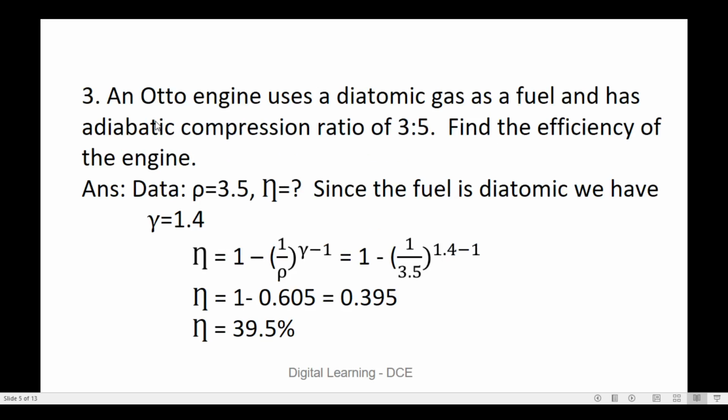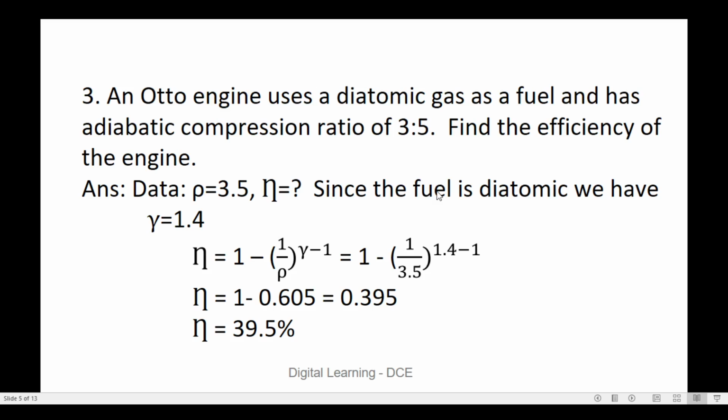So third problem, an auto engine uses a diatomic gas as a fuel and has adiabatic compression ratio of 3.5. So find the efficiency of the engine. So now given, that is data, rho will be equal to 3.5. So we have to find the efficiency, that is eta is equal to question mark.